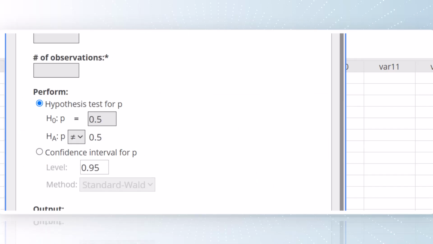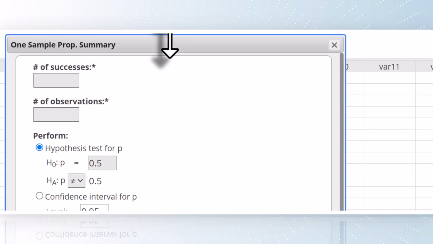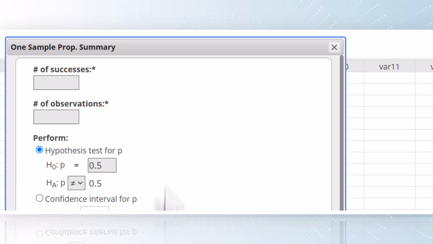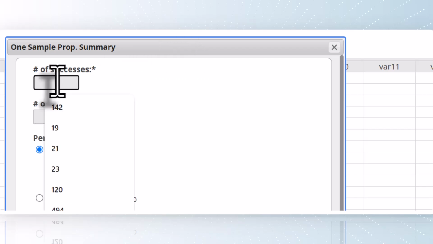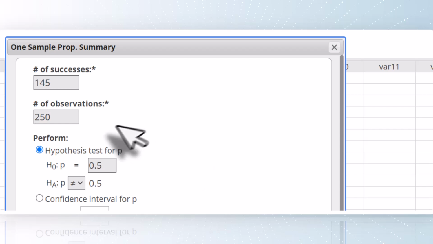And let me just lower this a little bit so you can see the screen. Okay, number of successes: 145 for the number of successes, 250 for the number of observations.